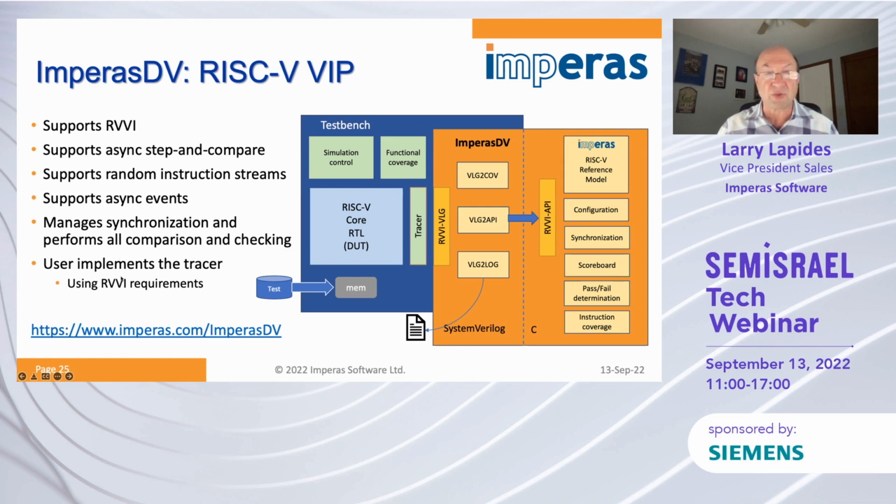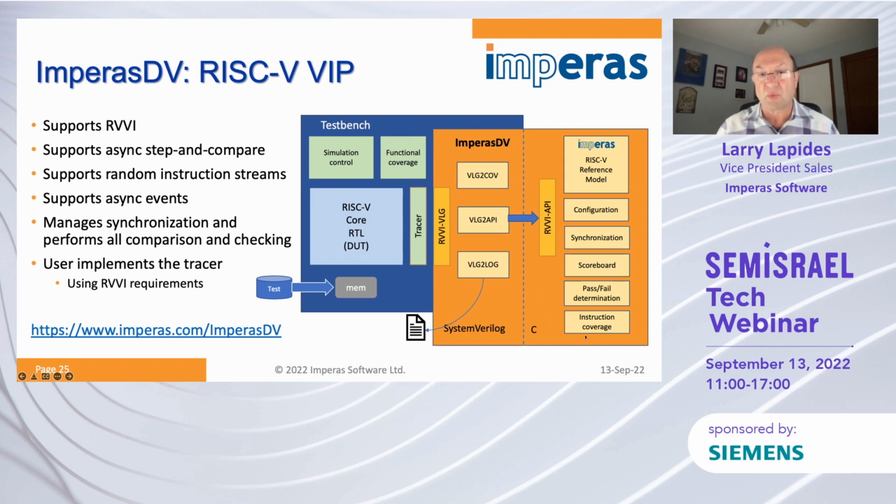And users implement this tracer piece here, which interfaces to the RVVI. We see the first RVVI VLG interface here, and then the API interface here. There are these SystemVerilog modules that are part of the Imperas DV product. These are part of the verification IP.